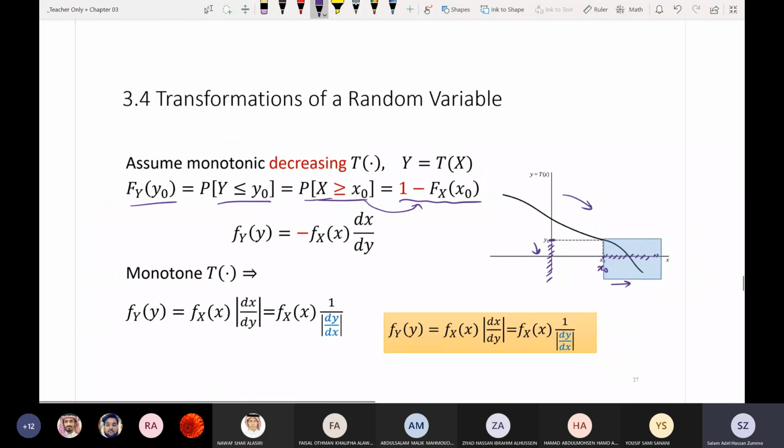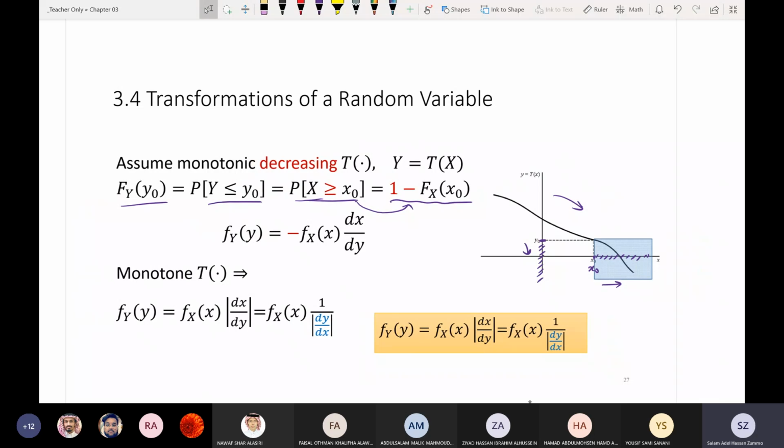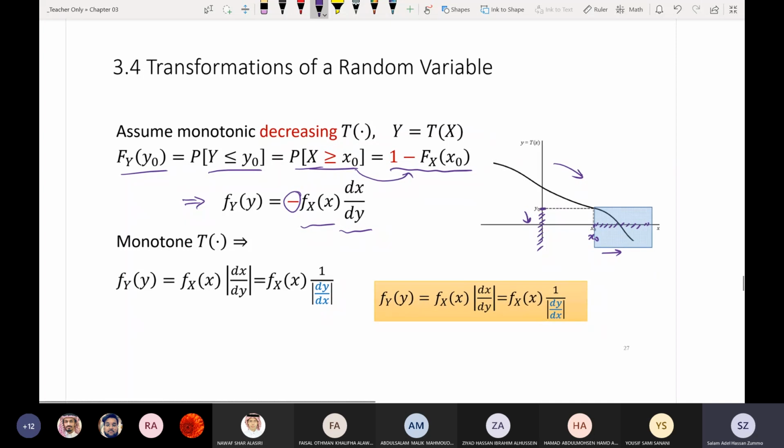So going with the same concept of derivation that we did before, f_Y(y) will be minus f_X dx/dy. So there's a minus sign here. Okay? So now, putting things together, when you have positive, you have no minus. When you have a negative or decreasing, you have minus.